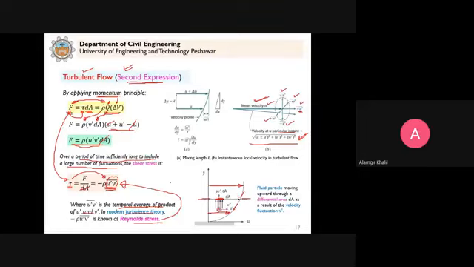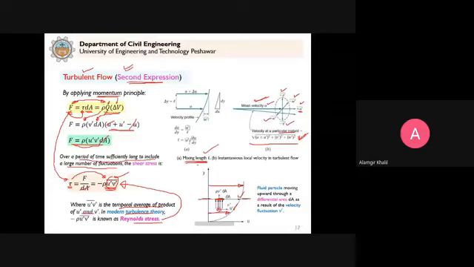So Ludwig Prandtl came up with the idea of the mixing length L. Although this expression is good theoretically, practically we cannot measure this u dash v dash product, so we need to convert this equation into one where we can easily measure the quantities.